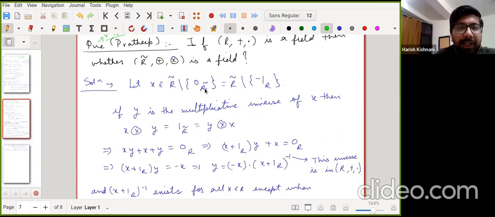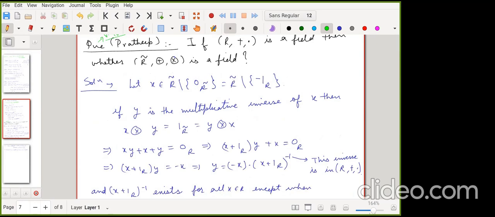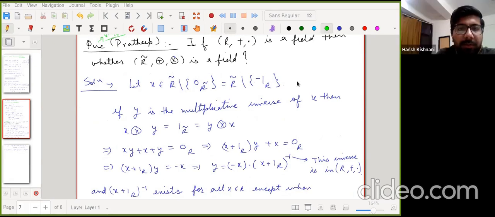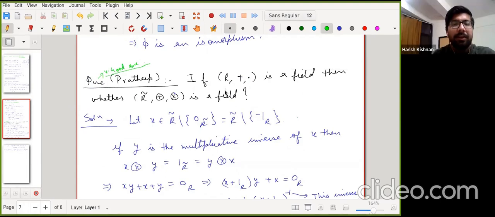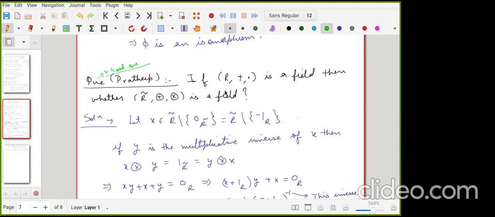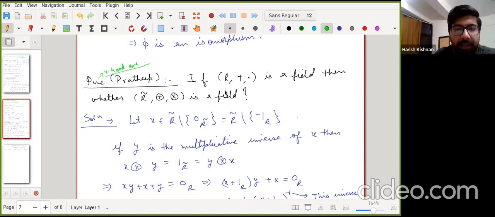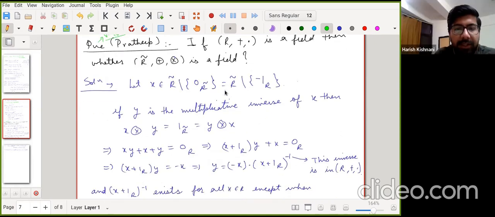The only thing to check is that all non-zero elements of R delta have a multiplicative inverse, and that follows just by assuming that R is a field. We are not using the isomorphism anywhere. I haven't done anything related to isomorphism in the entire setup.